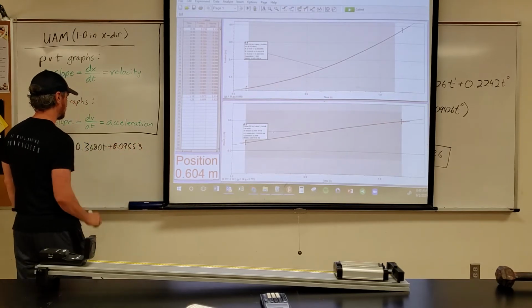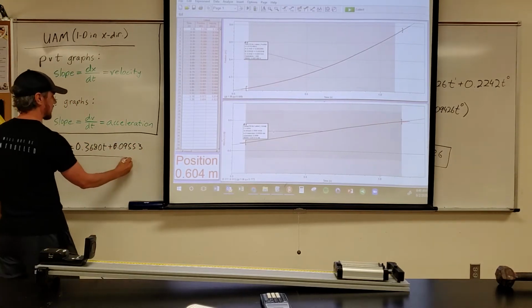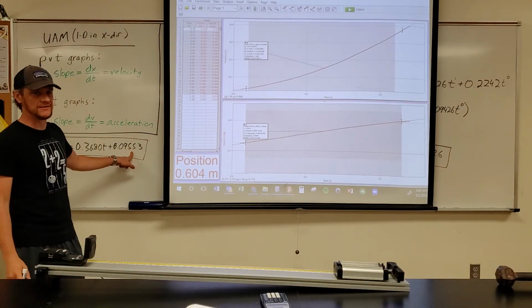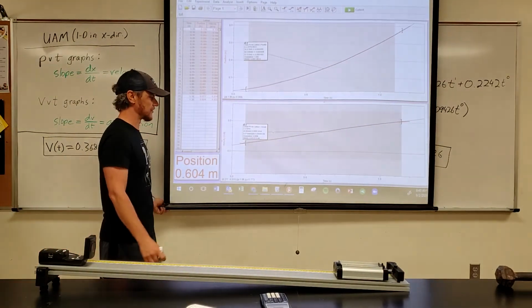So that's my velocity as a function of time equation as read from my velocity versus time graph.